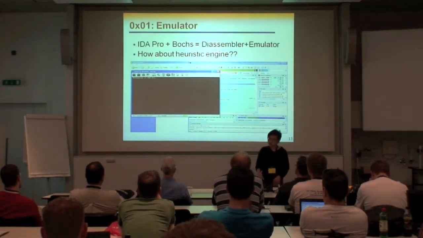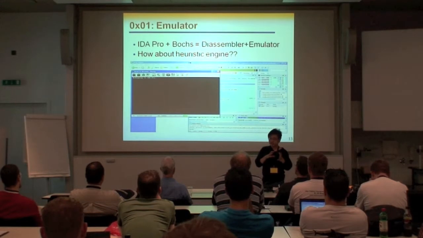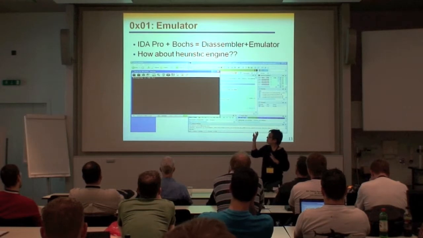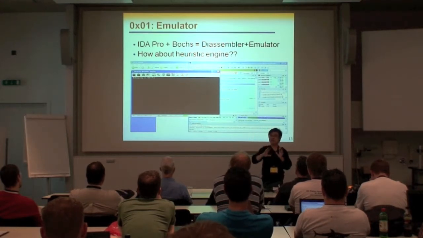But what is the result if we combine the emulator and disassembler? For example, IDA Pro is able to interface with Bochs. You can execute the malware code using IDA Pro and Bochs. This emulation is very powerful. You just execute the malware code inside Bochs, and it doesn't infect your local PC.